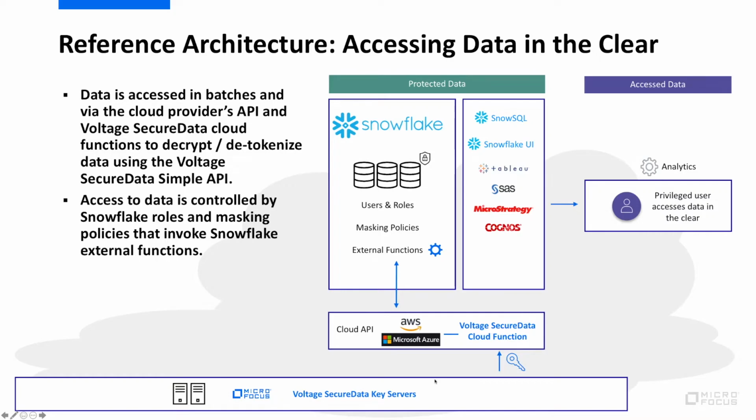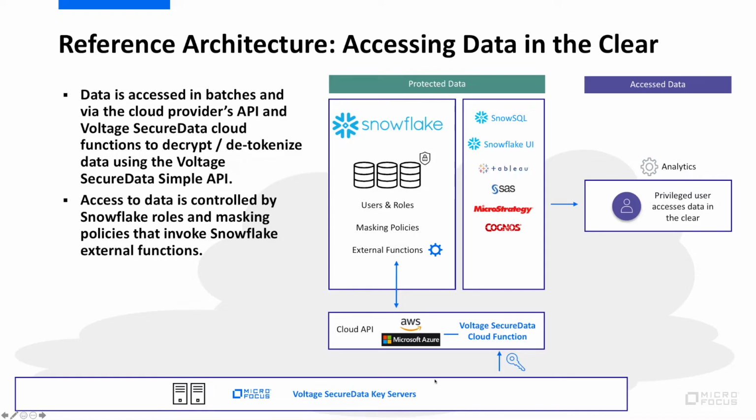So today, what we are demonstrating and talking to customers about is basically leveraging the native capabilities of the Snowflake Data Cloud, specifically how users are given permission into certain roles, the masking policies for certain columns and tables, and the capability to invoke an external function from Snowflake.